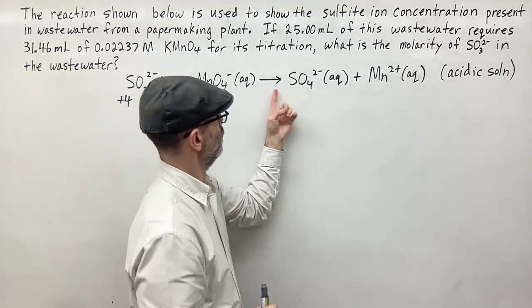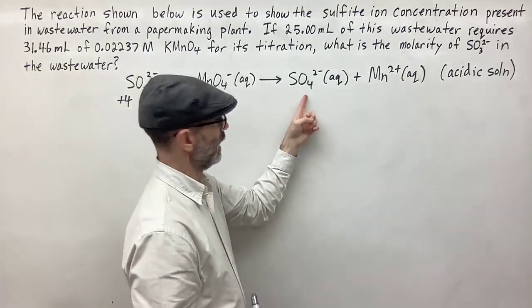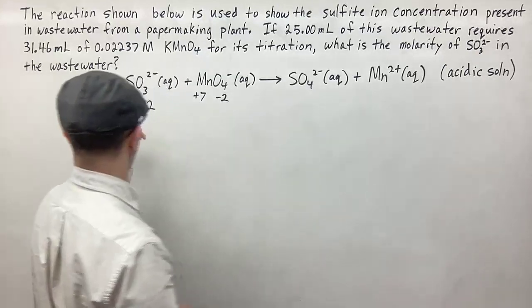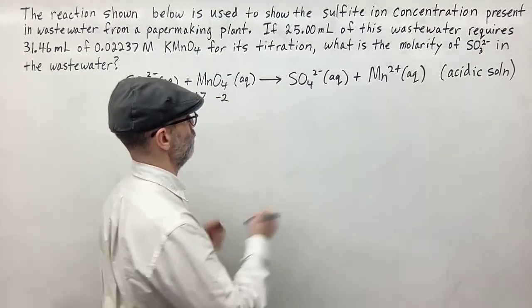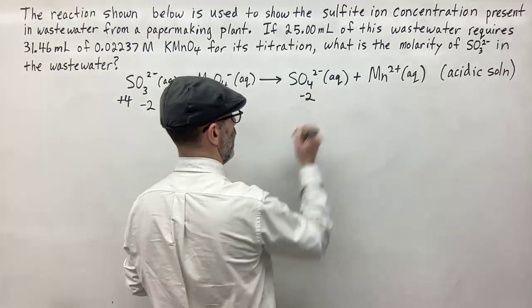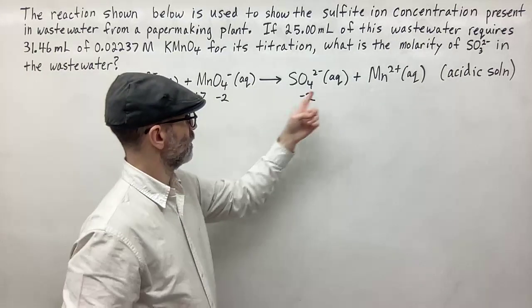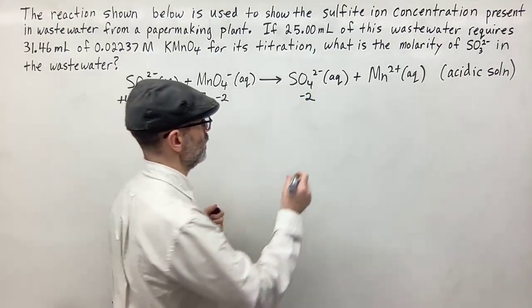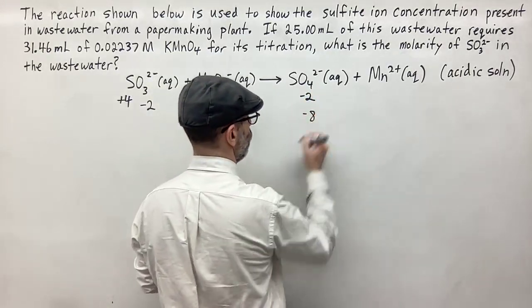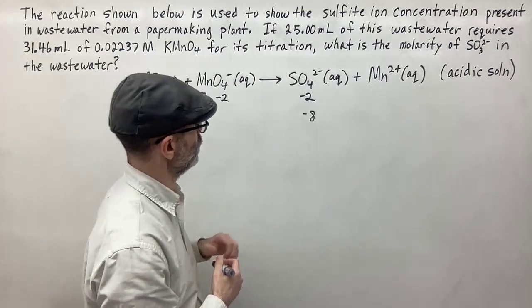Now for the sulfate ion, just as with the sulfite ion, oxygen is going to take precedence. So I'm going to give that a -2 oxidation state. I have 4 oxygens. Each oxygen has a -2, so that's going to be -8 overall for the oxidation states of oxygen.